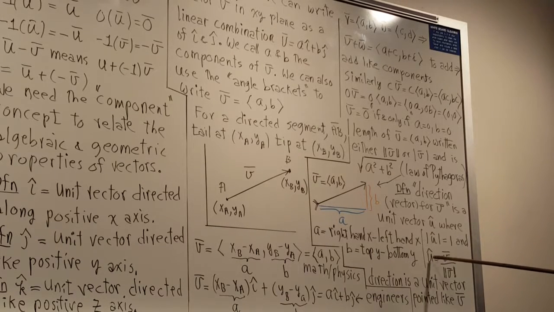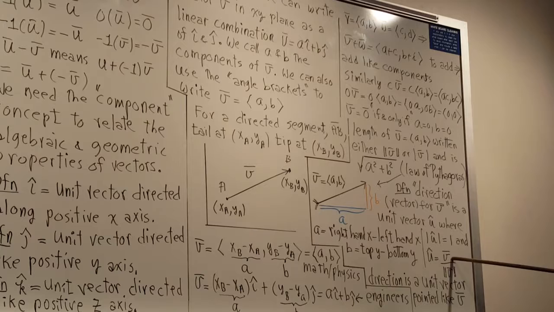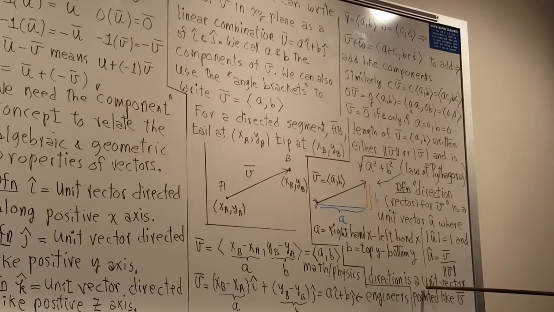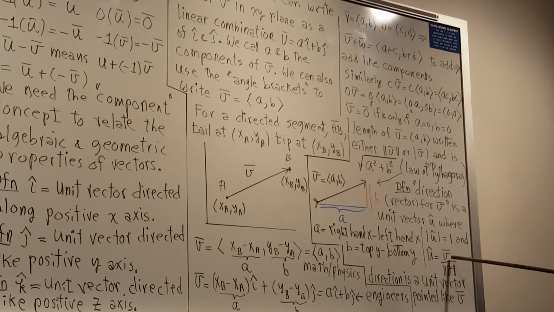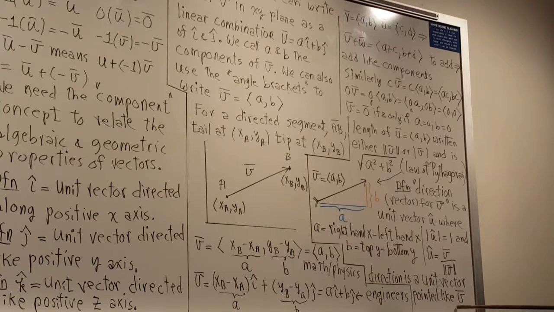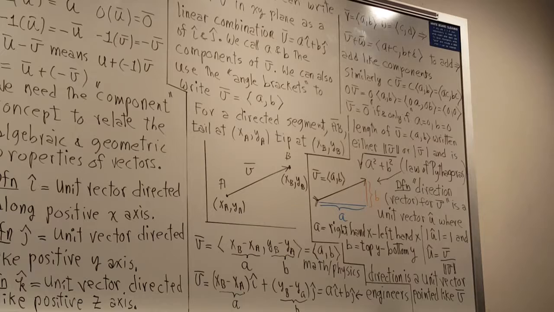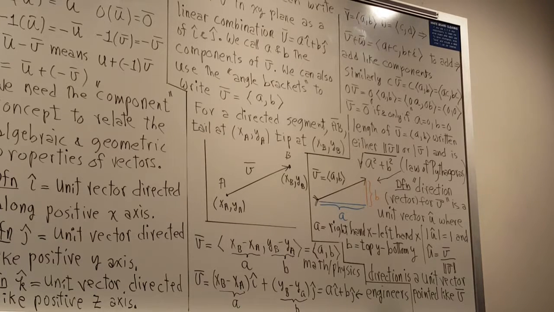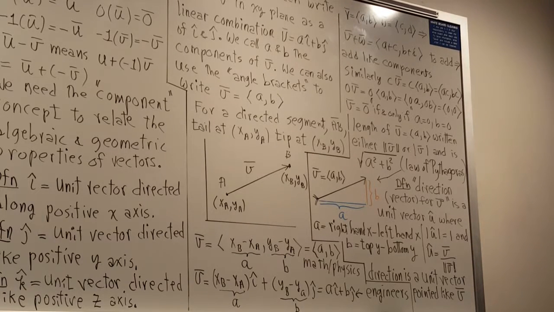So this unit vector that is pointing like V is called the direction of V, and it's an important concept, actually. If you're given a vector and you're asked to find the direction for that vector, that has a technical meaning.